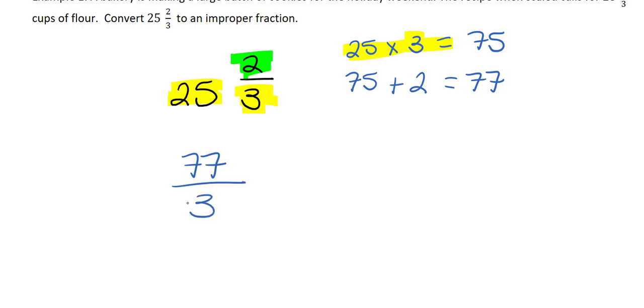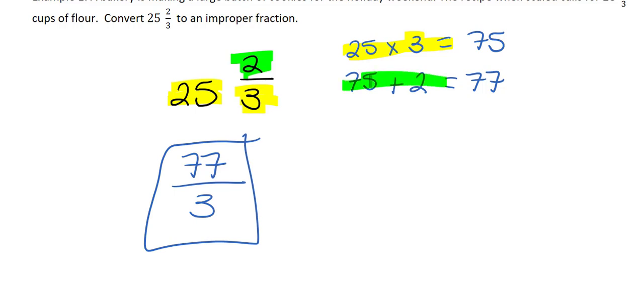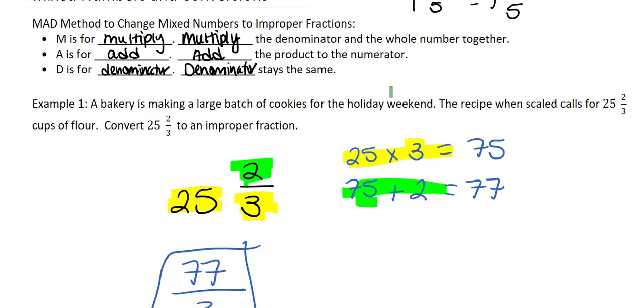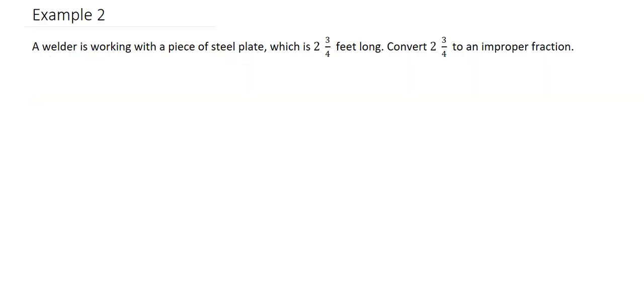So we're just going to keep it as 3. So how do we represent this as an improper fraction? Well, it's 77 over 3. Just to keep it coordinated on how that works, if we look back, this is what we did here. So now let's go to the next example.